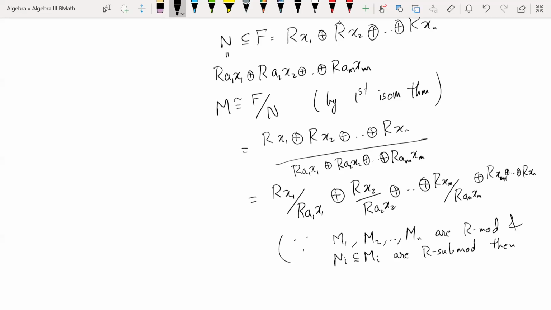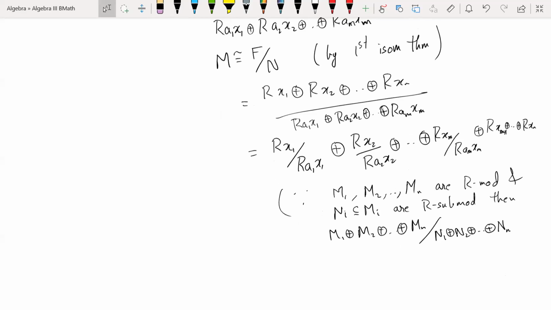Then M1 direct sum M2 direct sum up to Mn, mod N1 direct sum N2 direct sum up to Nn.